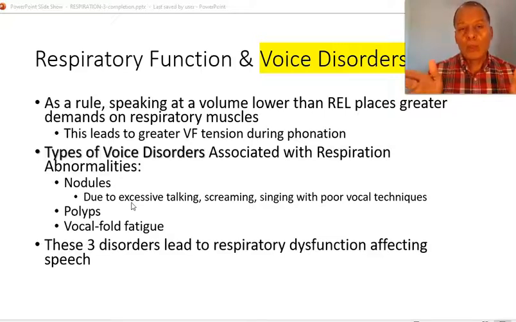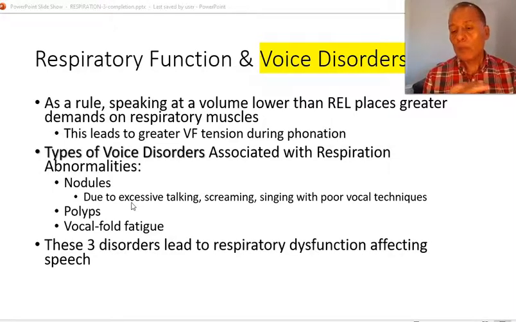There are a lot of techniques for vocal hygiene. So that will work. Again, you can totally improve the condition with behavioral treatment, just speech language therapy.